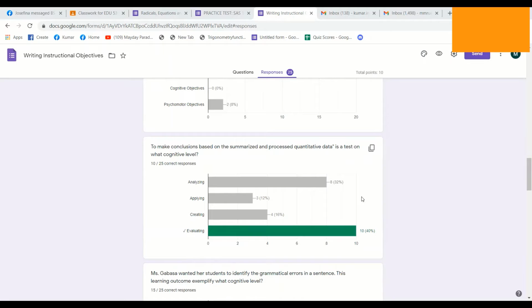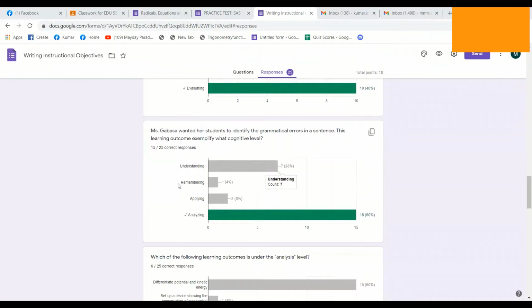Not analyzing, because in analyzing you try to break down into parts to produce an answer. However, in making conclusions, you are going to make a judgment of what you have gathered. So therefore, it belongs to evaluate.